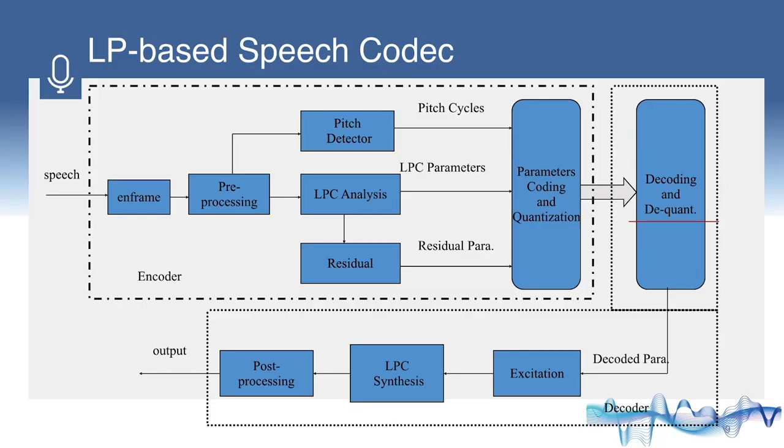At the decoder, after decoding and dequantization, the excitation signal and LPC parameters are obtained to carry out the LPC synthesis procedure. After the post-processing module, we get the reproduced output speech.